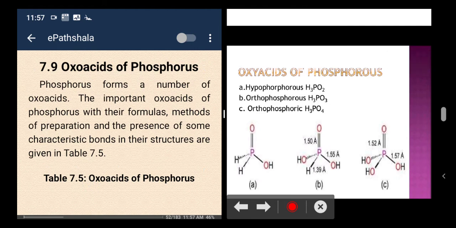Oxo acids of phosphorus. Phosphorus forms a number of oxo acids. The important oxo acids of phosphorus, with their formulas, methods of preparation and the presence of some characteristic bonds in their structures, are given in the table.